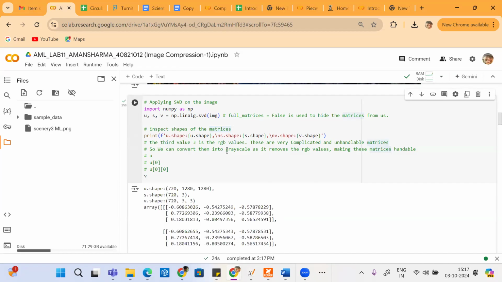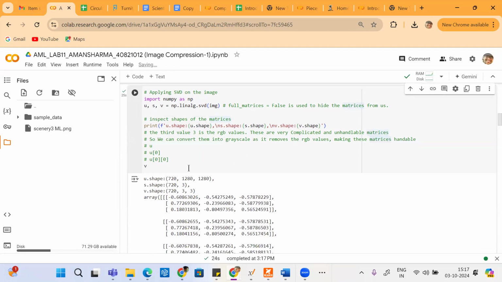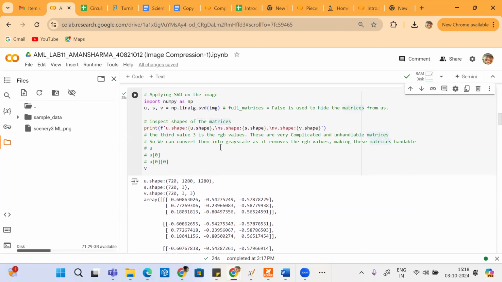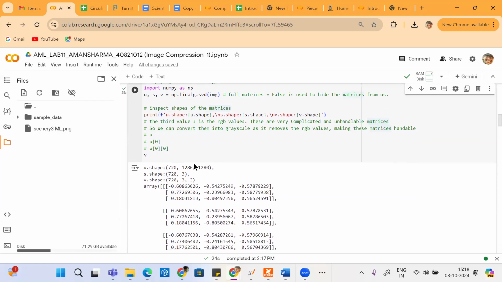It can be a matrix, or it can be an image, which you just downloaded. So you can see the first matrix, which is U, an orthogonal matrix. It is of shape 720. What is 3? I think there is some mistake.